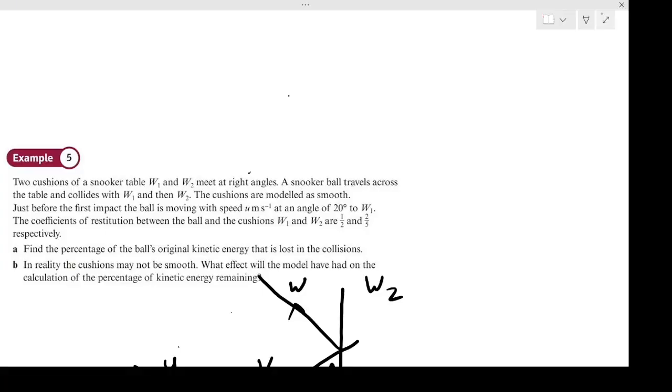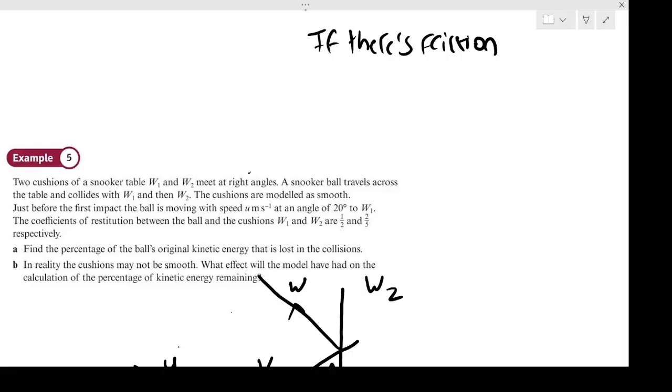But if we remove that assumption, that means we're going to include friction. So if it's no longer smooth, we're going to account for friction. So if there's friction, what effect would that have on the percentage of the kinetic energy remaining?